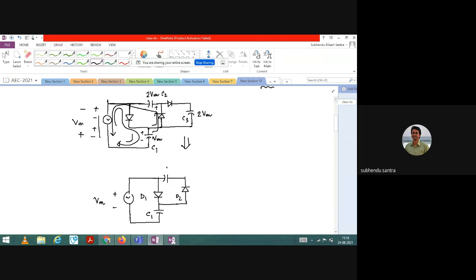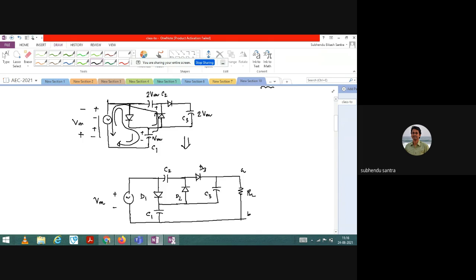Through this path, the capacitor C2 will be charged to 2 Vm, and then you have to put one diode here, and then let us say this is the capacitor C3, and the diode is, let us say, D3. And finally, you need to put a load, RL, point A and point B.